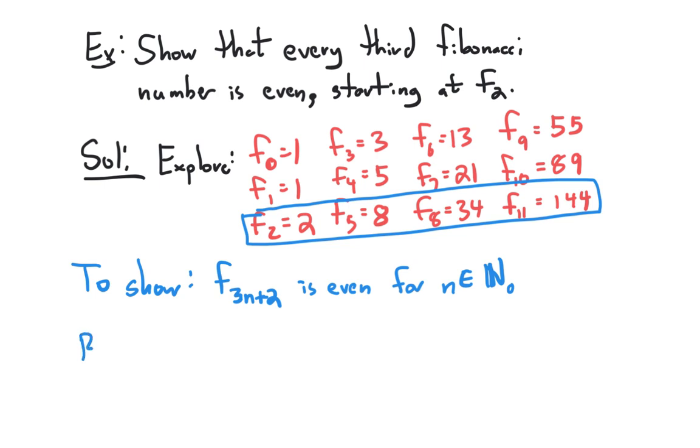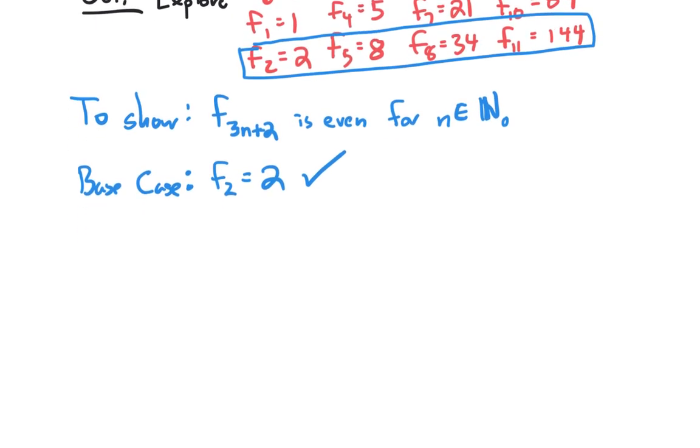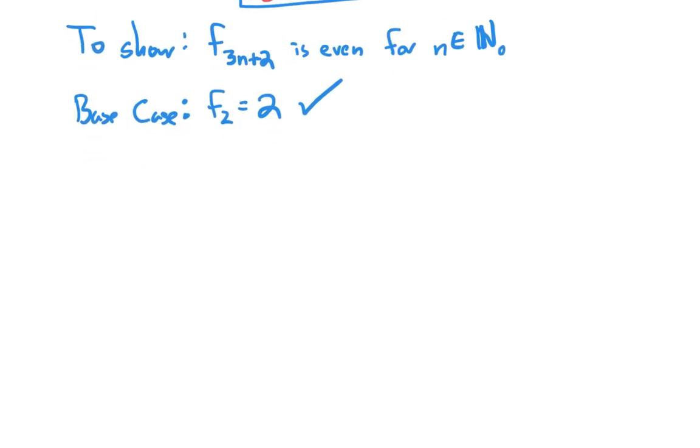So we'll do this via induction, of course. Our base case is when n equals 0, so just F2 is indeed 2, we know that, and that's even. That's not too bad. So let's do our inductive case now.